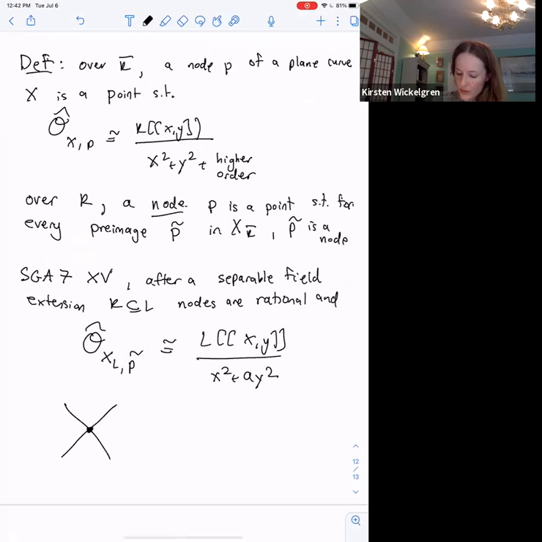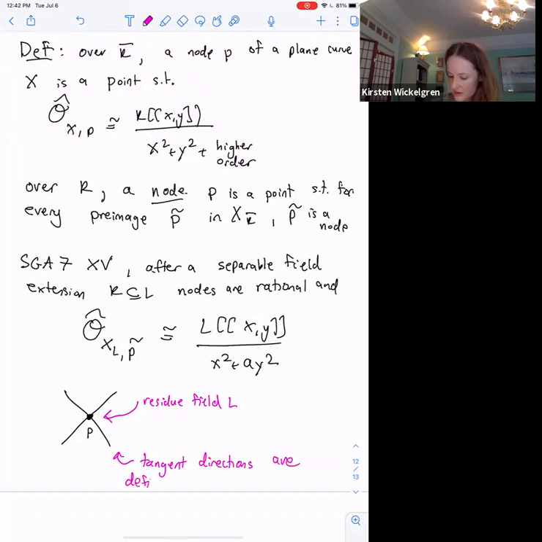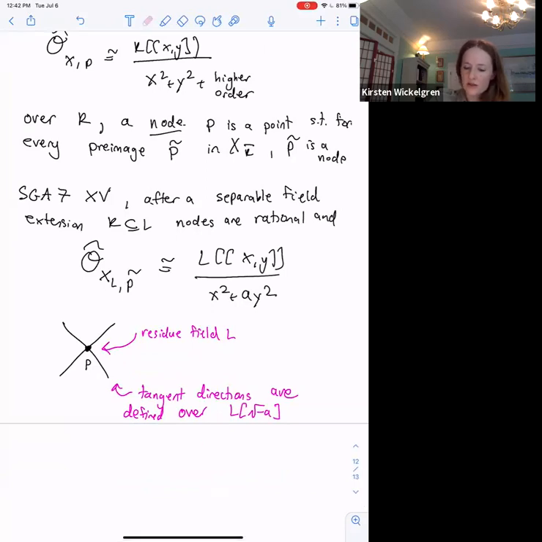So what we're going to remember about the node, so here's the node P, and it has residue field L, and its tangent directions are defined over when you take the square root of, I guess, minus A. So this has residue field L, and these tangent directions of the branches of the node are defined over some quadratic extension.